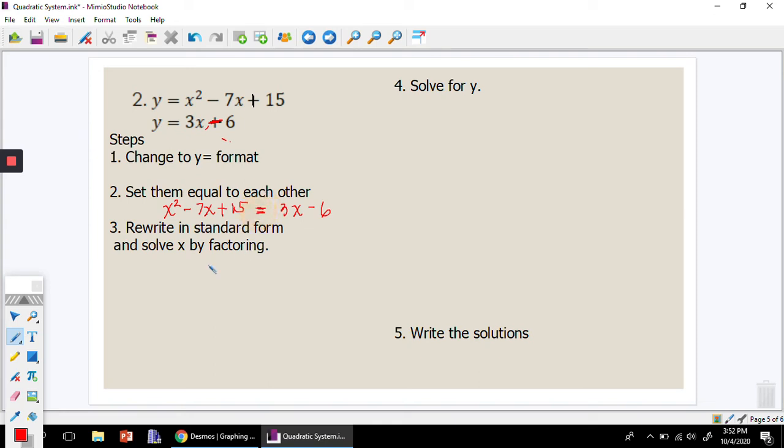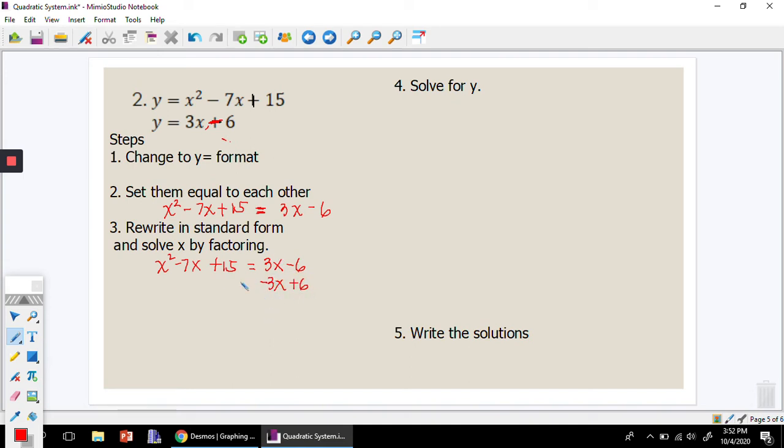And then the third step is to write in standard form. So x squared minus 7x plus 15 is equal to 3x minus 6. We want to write it in standard form, so we have to equate this to 0. To make this equal to 0, I have to subtract 3x, and I also have to add 6.